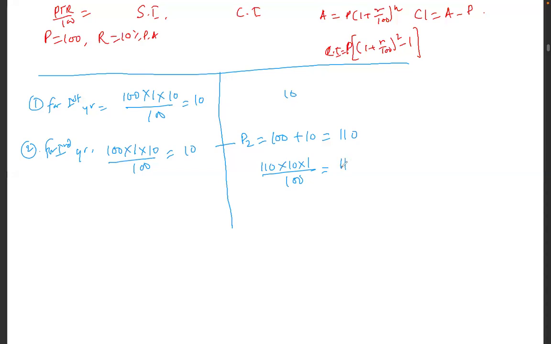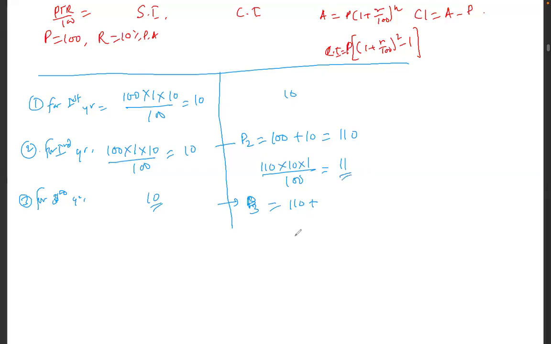So here you get 11. Now, for third year, this remains same, 10. But here compound interest, sorry, P3. Principal for third year is how much? Principal of the previous year, that is 100 plus previous year's interest.